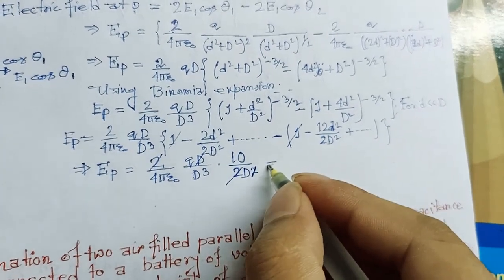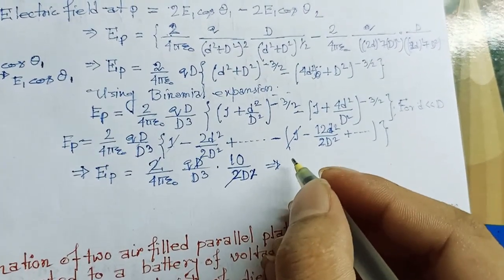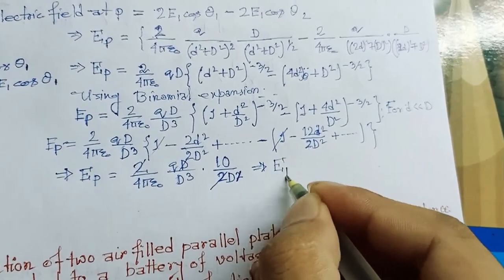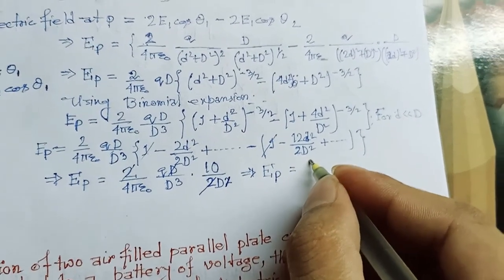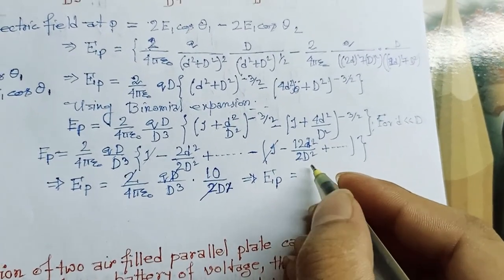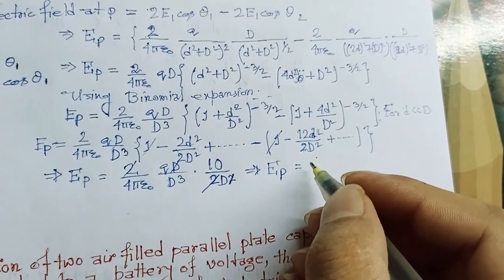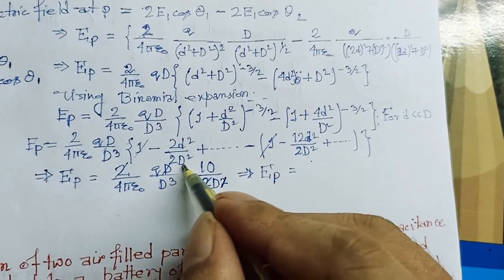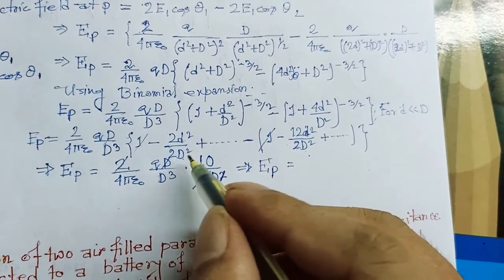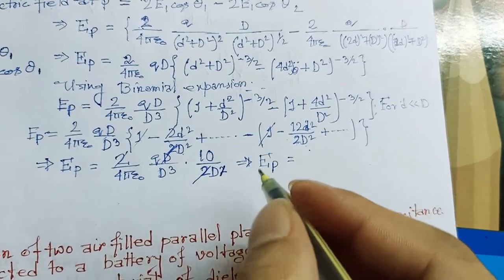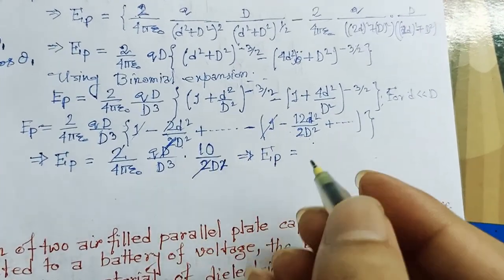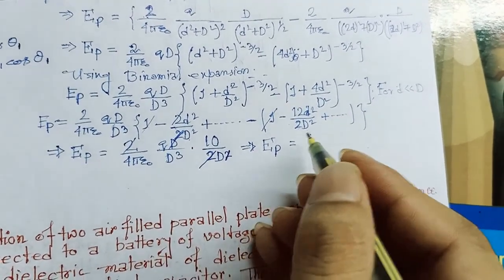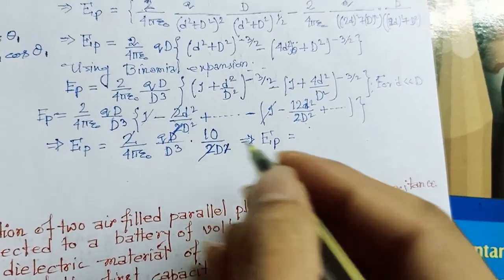So our net value of the expression E_P will be equal to 9 d square, so there will be only 9.